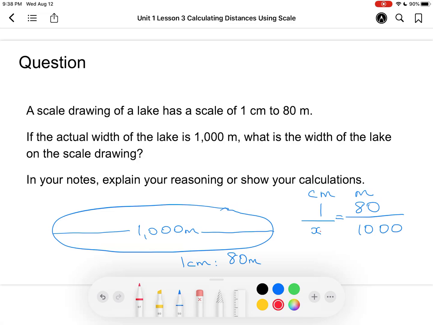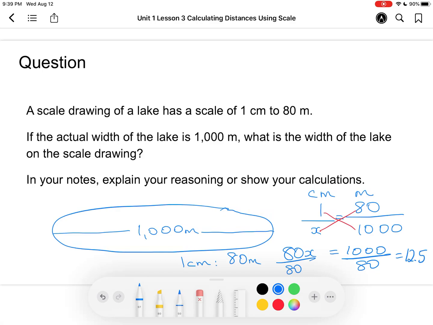And I'm going to cross multiply. 80x equals, and cross multiply the other way, 1,000, and divide both sides by 80. Divide both sides by 80 and we'll get 1,000 divided by 80 is 12.5.